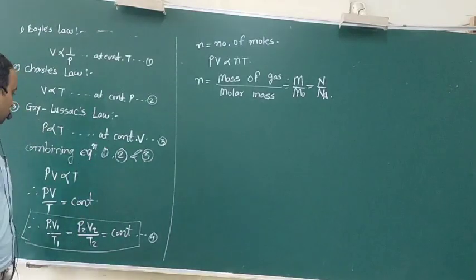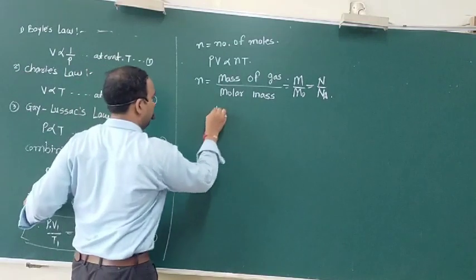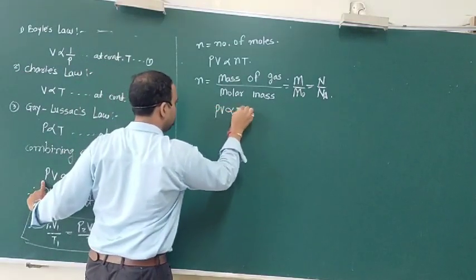Now see here, we are using this equation, so we get PV is directly proportional to nT.